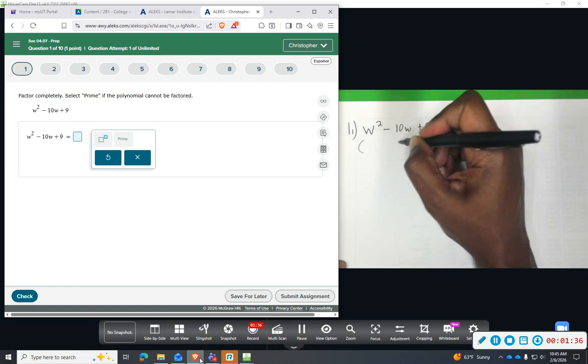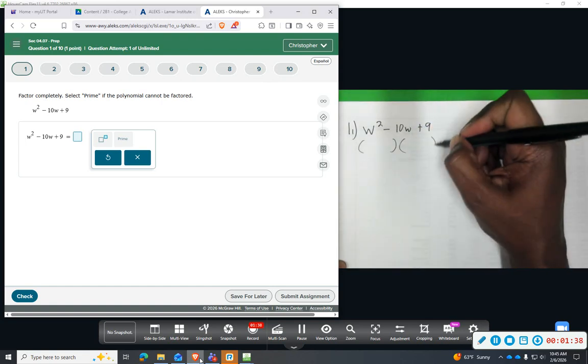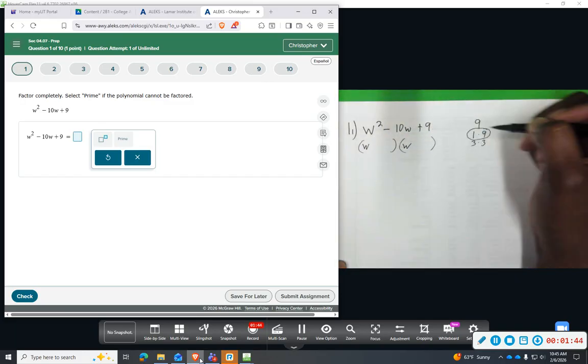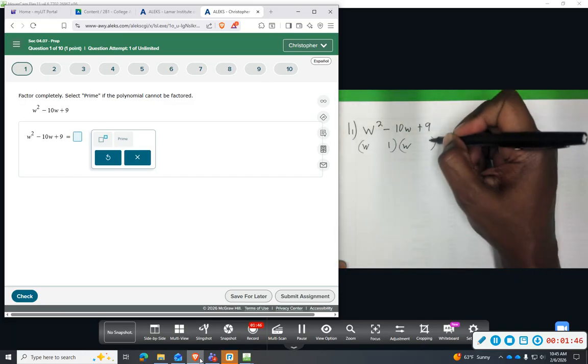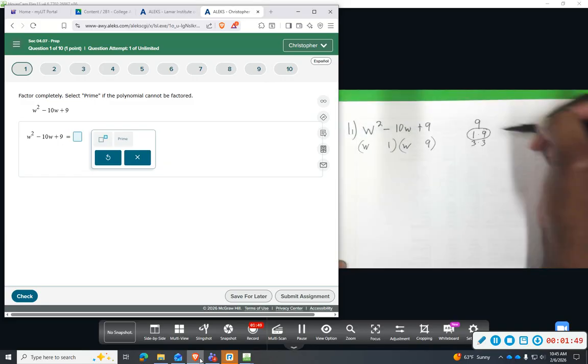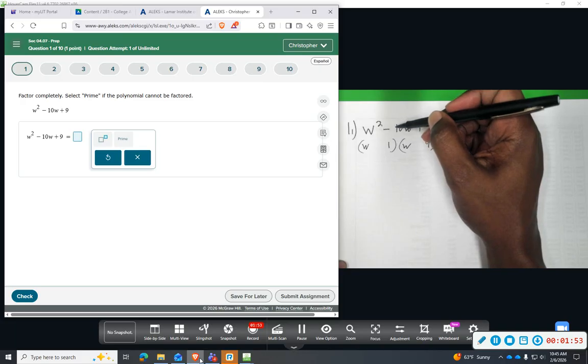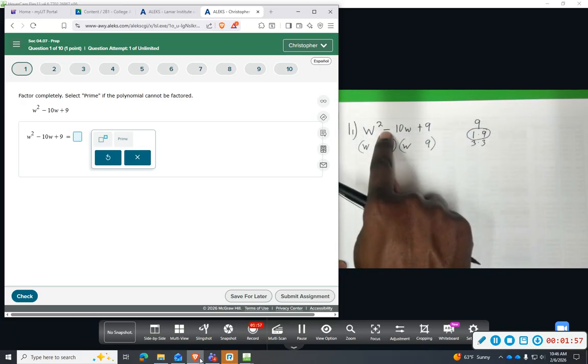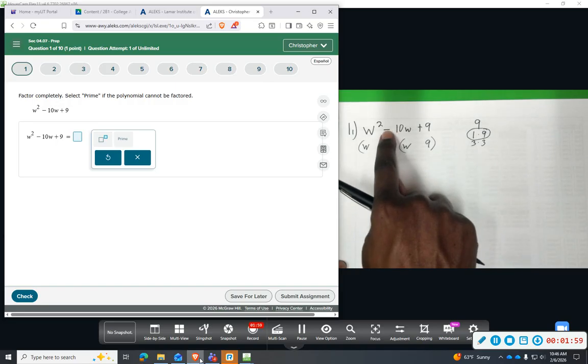So once we determine the factors, you're going to split up the variable up front, w and w, add the 1 and 9 in the back, and then you have to figure out the signs. I told you they're both negative because we need them to add to a negative 10. However, there is a method going left to right. The first sign you get to going left to right is negative. That tells you the bigger number.